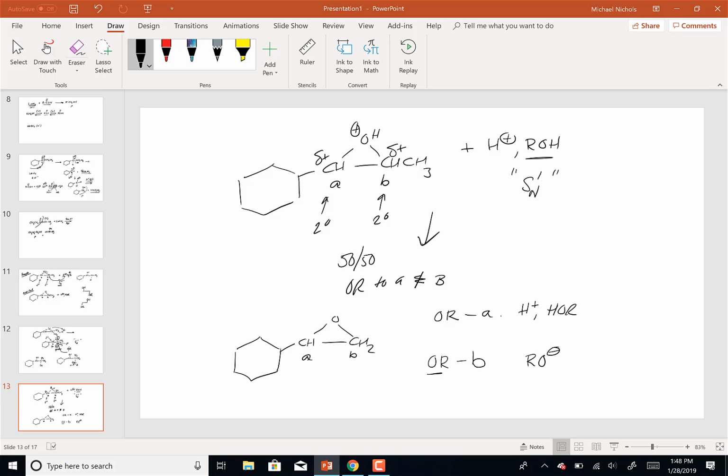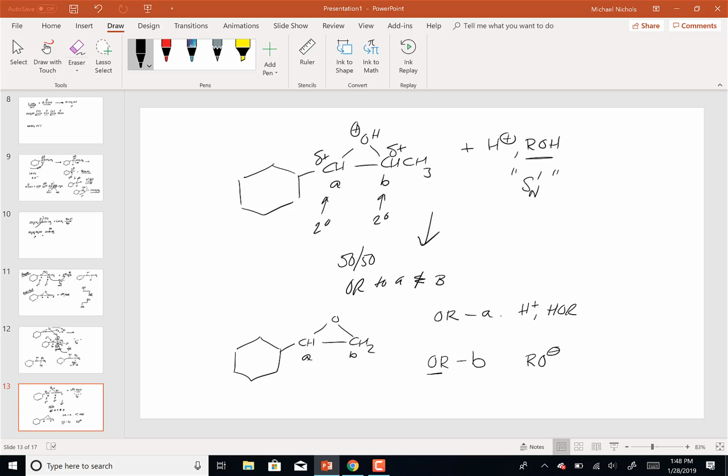And we're back to the yin and the yang of organic chemistry. Our ability to do one thing and then do the opposite by changing the conditions. So if I wanted to add the OR group to A, I would do it under acidic conditions. If I wanted to add it to B, I would just use an alkoxide, and then H plus, H2O. So I can do either one.